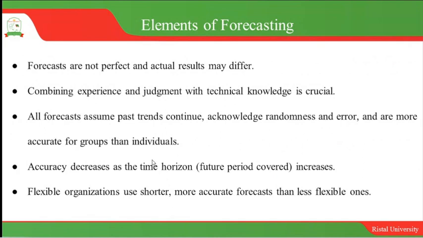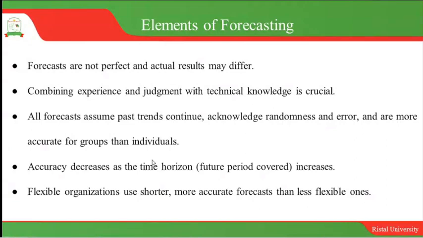Even as we are forecasting, actual results are going to differ. The results that we anticipate in the next 5-10 years are going to be different, even though we had forecast. So that is something that we need to know about issues around forecasting.